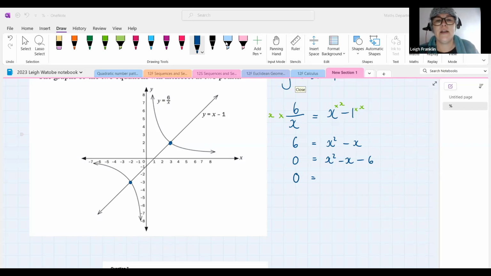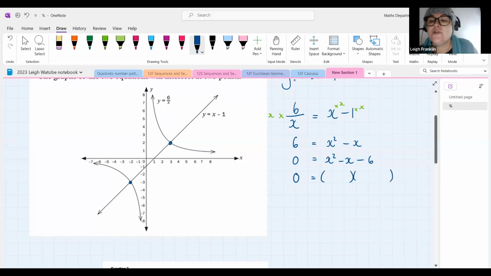After I've got it into standard form, what do I want to do, grade 11s? Yes, I'm going to solve for x by doing what? That's it. I'm going to factorize.